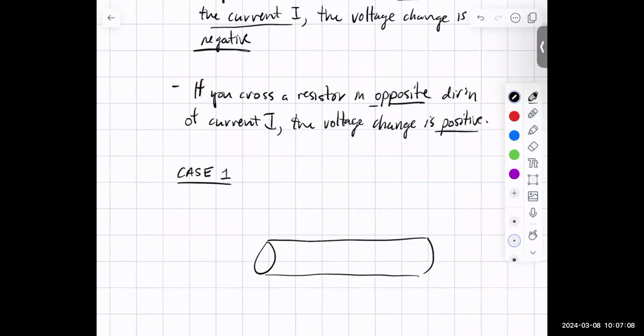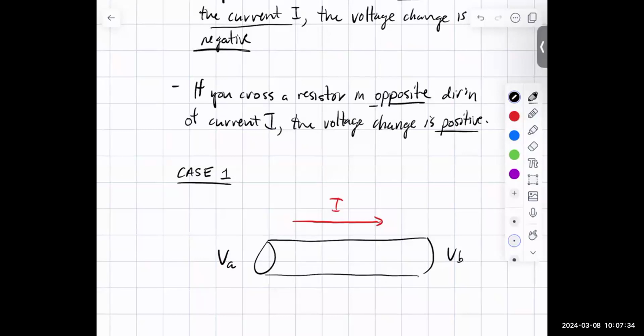I'm not going to draw the rest of the circuit, but there is some current. For this first case, the current is going left to right, and we're going to have potential VA on the left-hand side and potential VB on the right-hand side.